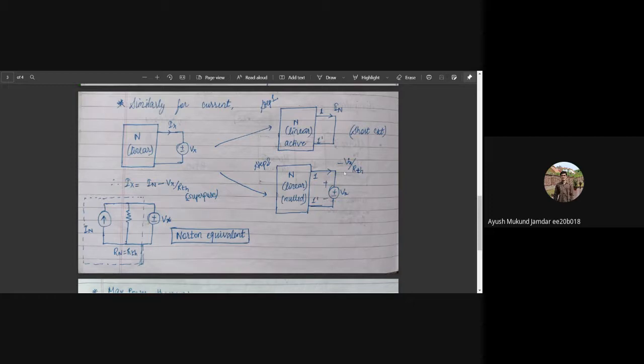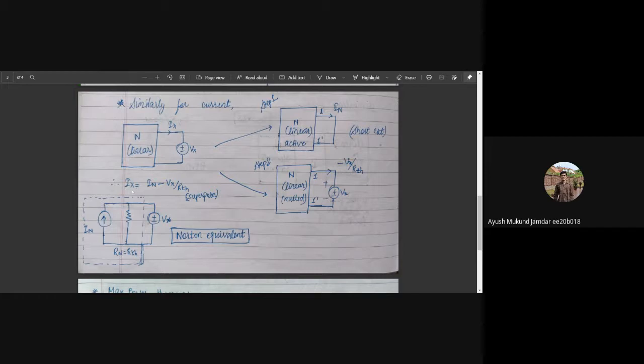So we'll call it minus Vx by RTH, with the negative sign indicating direction. On superposition we'll find that the Ix of the main circuit we started with can be written as IN minus Vx by RTH, considering both the cases, step 1 and step 2.